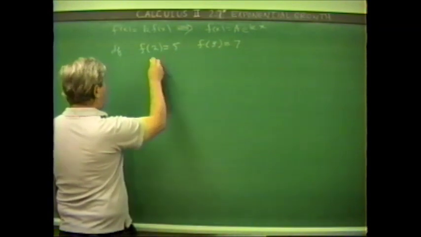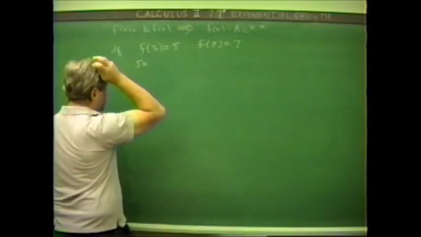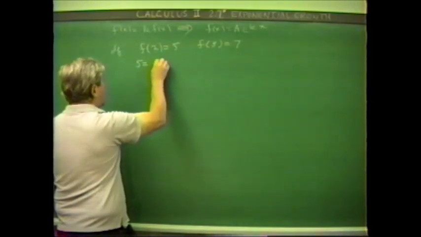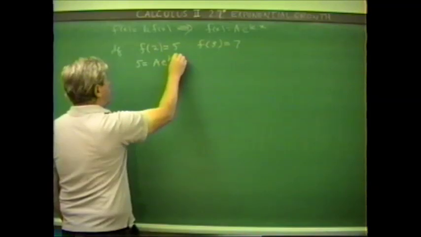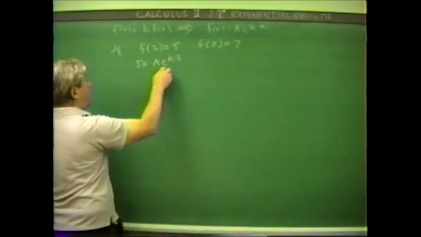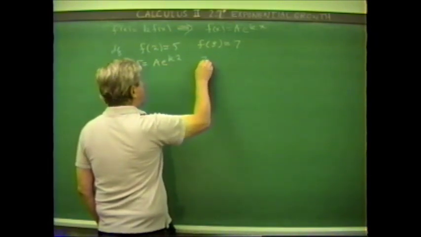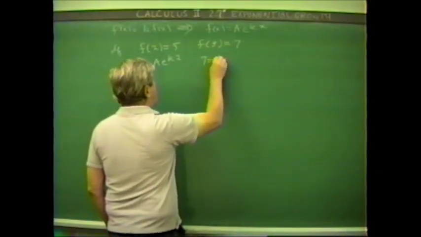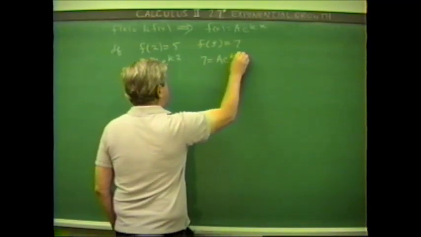We can write down what we know, namely that 5 is equal to a e to the k times 2, a e to the kx, and 7 is equal to a e to the k times 3.